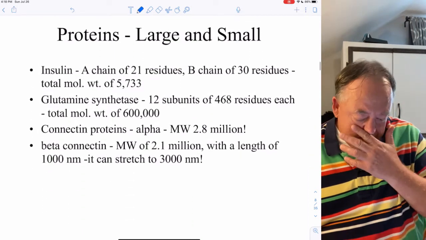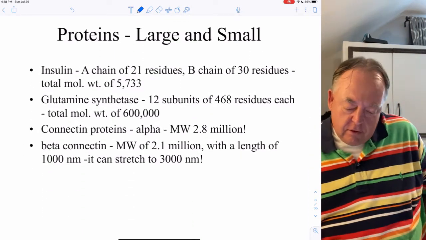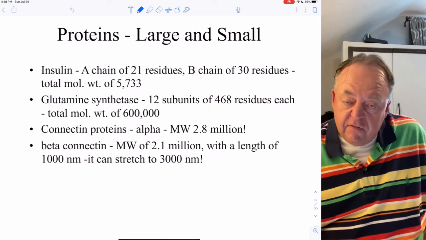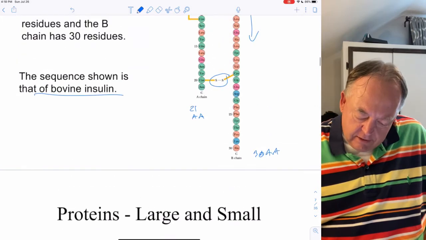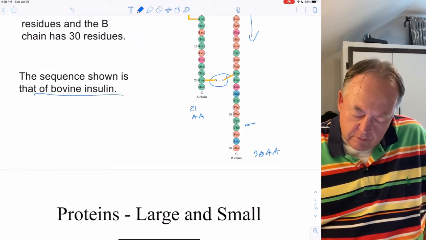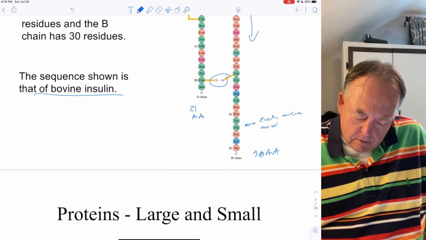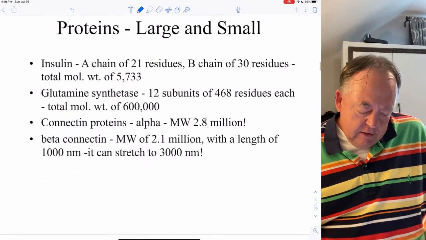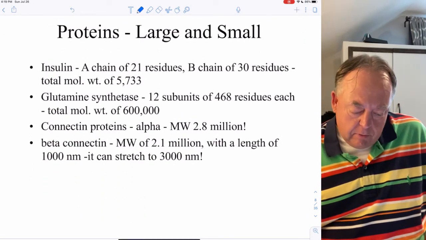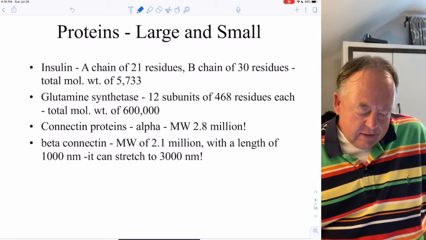So proteins can be large or small. Like we just saw with insulin, it's only 51 amino acid residues. Each amino acid in the sequence is called a residue. Just some more terminology to know: insulin's a small protein, small peptide. It's only 51 amino acids.